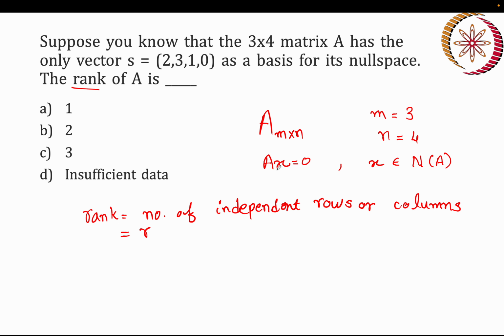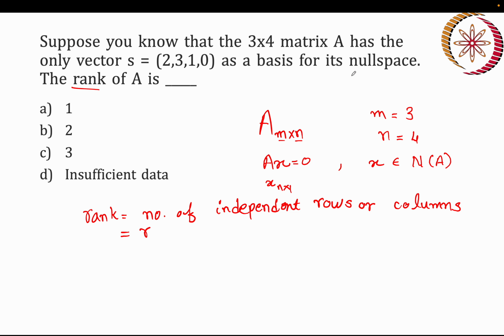So the dimension of X: if we have the A matrix which is M by N, then X will be n cross 1, since there are n columns.